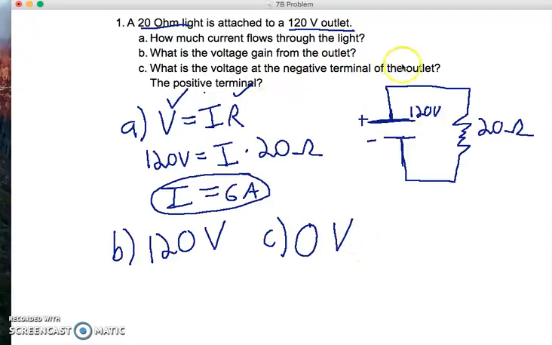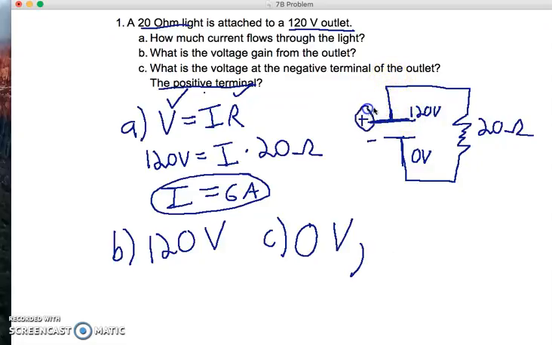And then in the last part, it's asking what's the voltage at the positive terminal? We have 0 volts at the negative terminal, but what's at the positive terminal? If we think back, the positive terminal is really where the voltage begins to be supplied. The voltage gain is all experienced on the positive side.